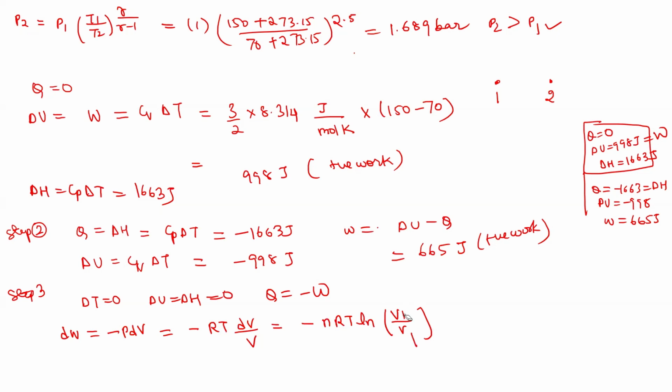Generally by integration we say V1 to V2, so that's why I wrote V1 by V2, but it's like V initial to V final. So when I integrate and substitute the values, we get minus 1495 joules. So this is negative work.